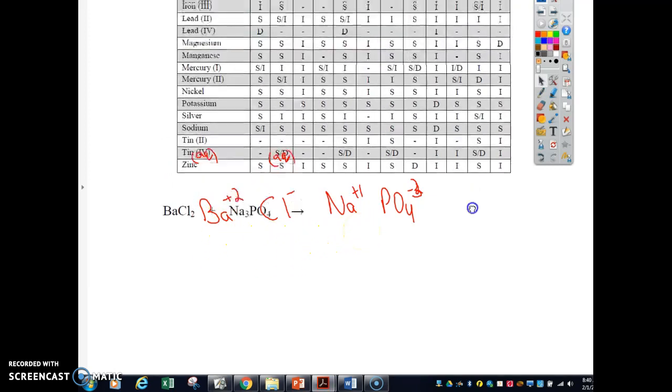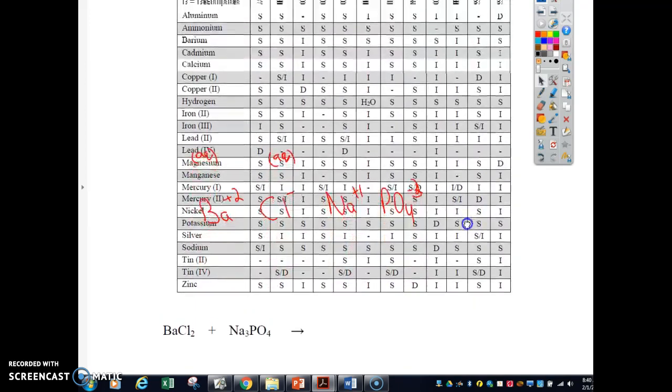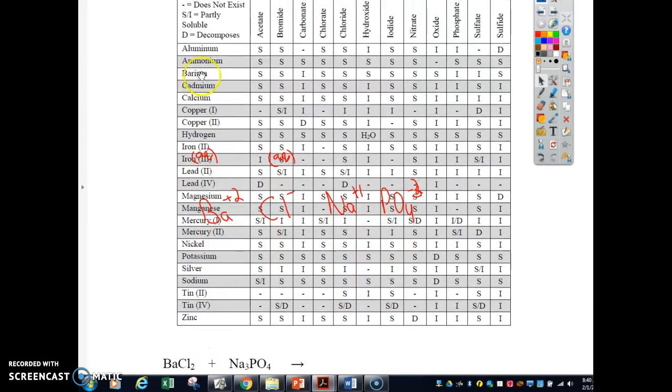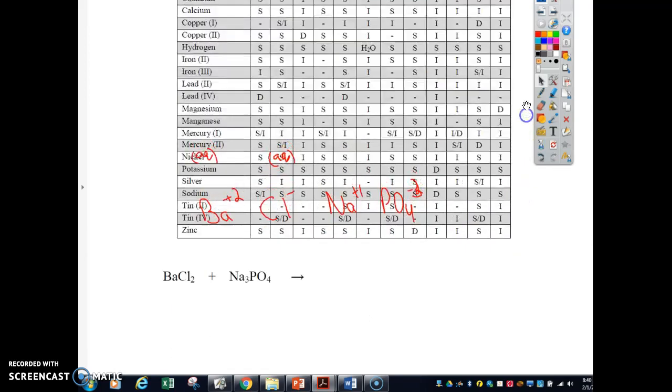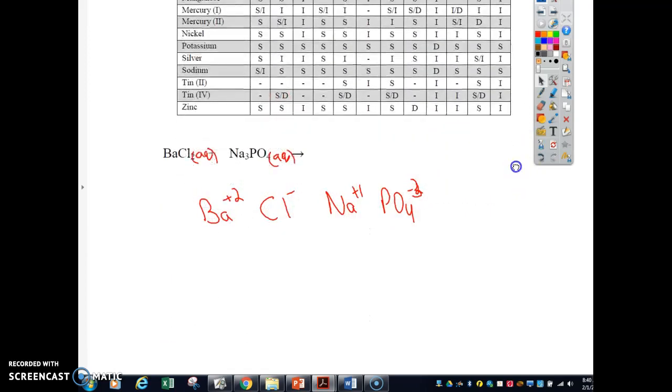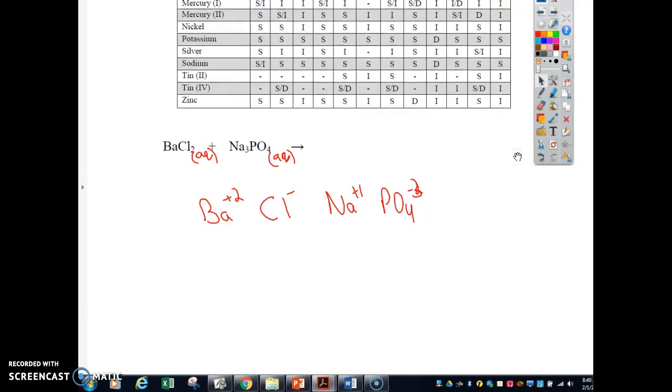Is that going to give us some kind of insoluble thing, a precipitate? So we find barium, we go over to phosphate. Now that says I. So what that's telling me is that when we have this solution, the barium and the phosphate are going to form an insoluble compound. And they're basically going to fall out of solution. So they're not going to be available anymore.